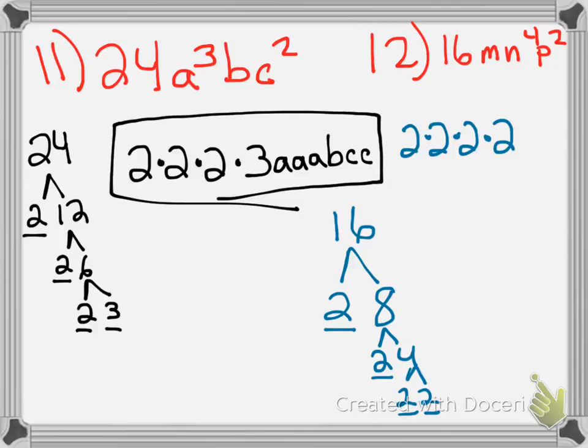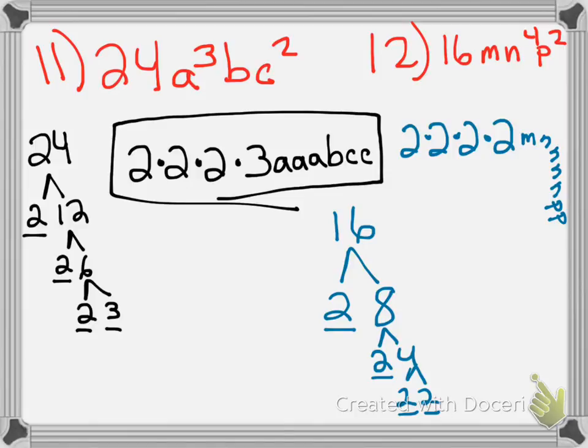Then I have an m. Oh, I'm going to run out of space. I'll do what students do. It annoys me, but I'm going to do it anyway. n, n, n, n, p, and p.